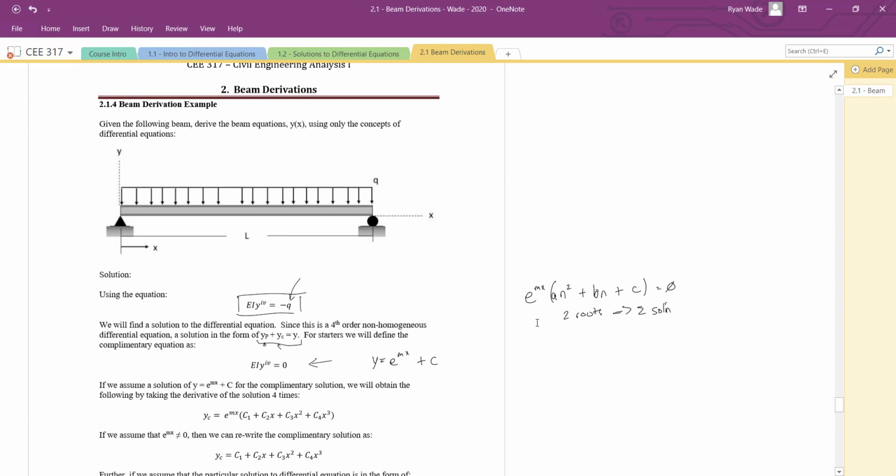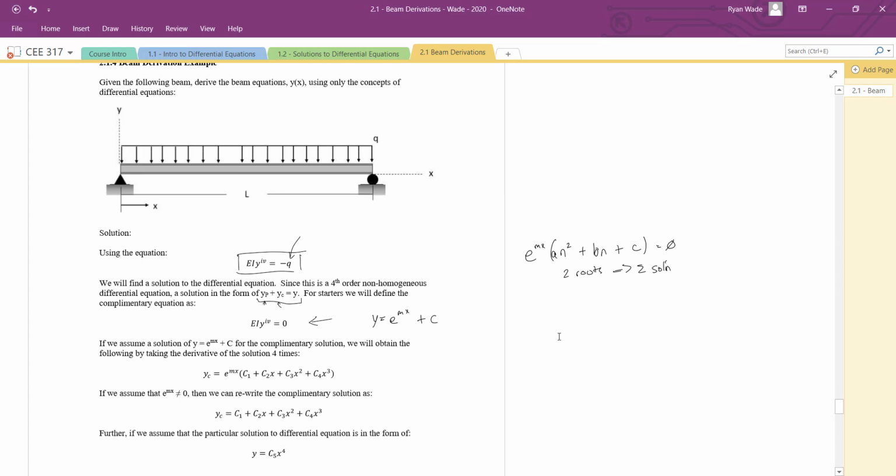So the complementary solution is that we assumed this, and we're just going to say that it's e to the mx times those constants and then different versions of x. When we take the derivatives of it, we're going to end up equaling 0.